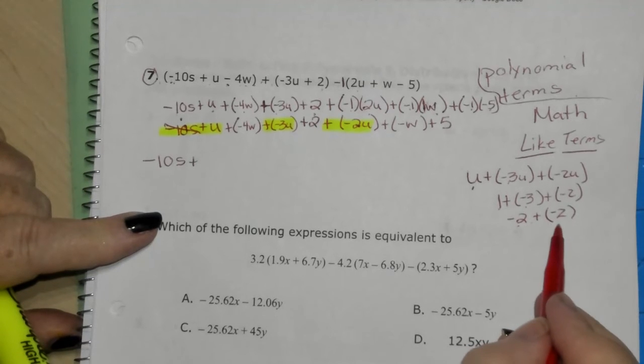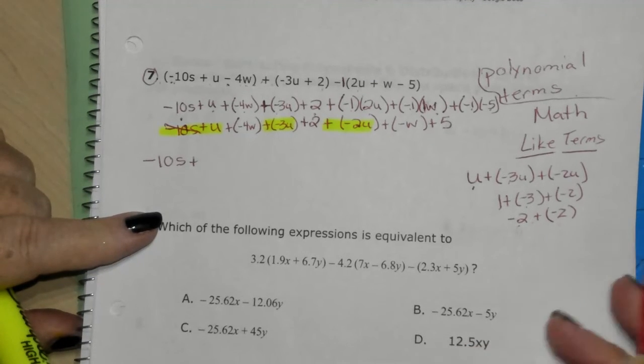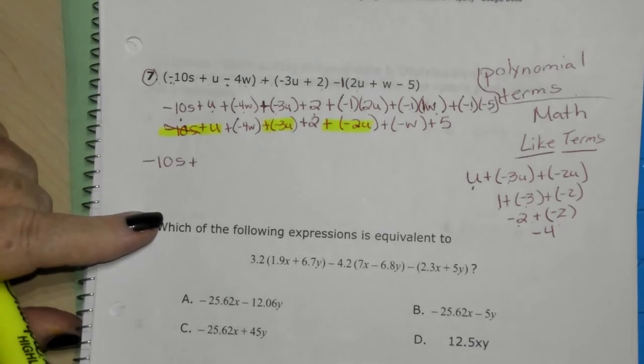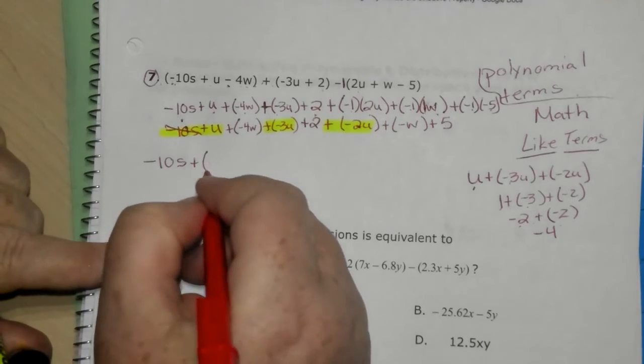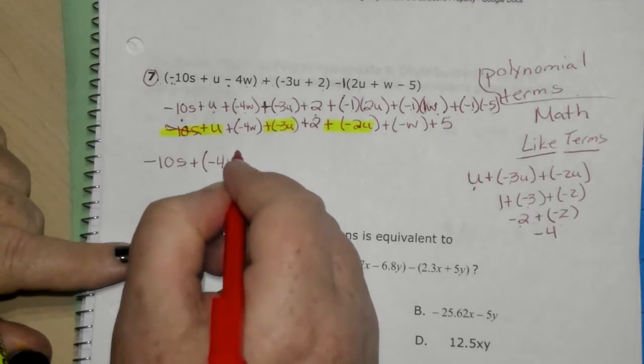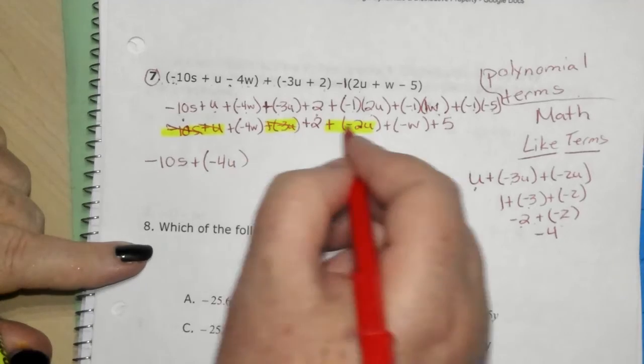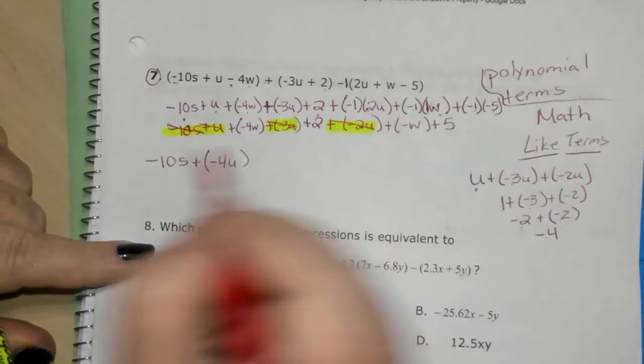Negative 2 plus negative 2 is negative 4. Done.